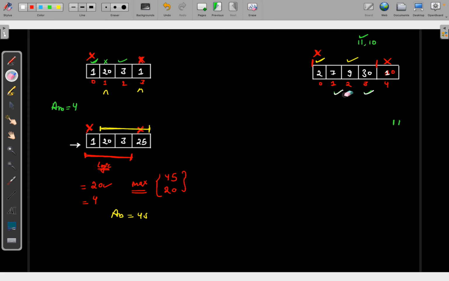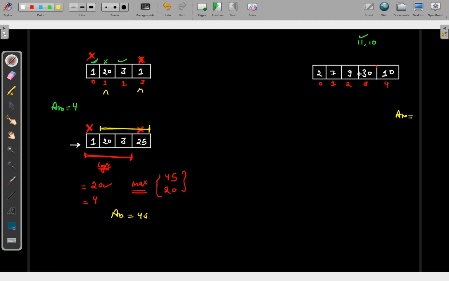Let me explain all this. Let's do it from here, and let's make the values as described. Here we have 10. So first of all, let's calculate the correct answer, the maximum money that you can steal.